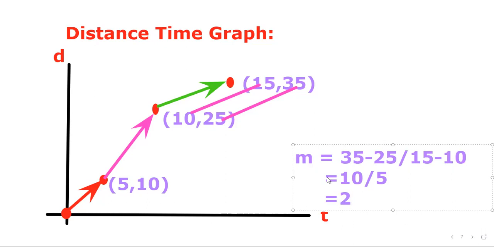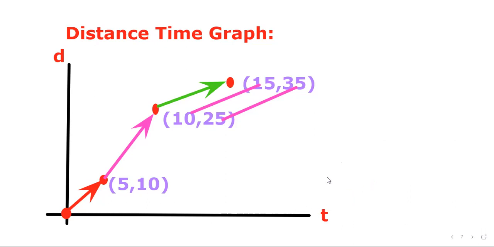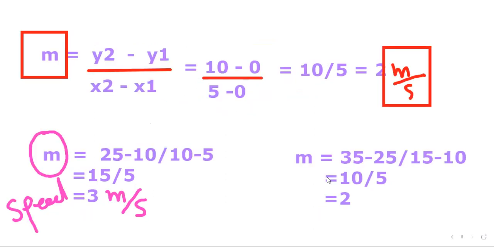Again, its unit would be meters per second. The gradient is actually distance over time, so the unit is meter per second, and meter per second is the unit of speed.